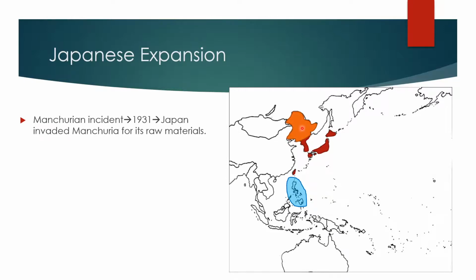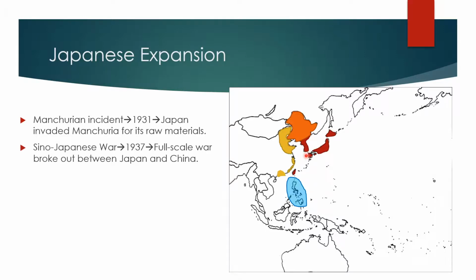They needed Manchuria because Japan, as it is, does not have much land or many resources, and so they needed more space and resources. They used Manchuria to get a lot of the raw materials that they would use to build ships to fight the war later on.